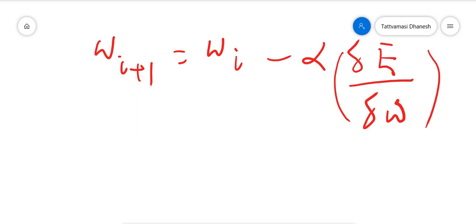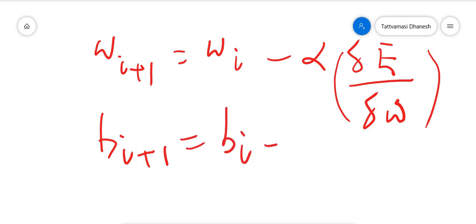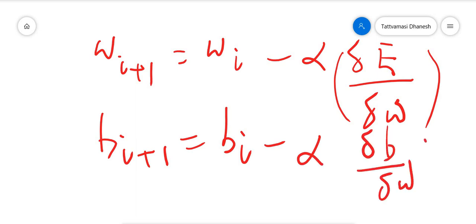It denotes error. The same thing we need to do for bias as well, because the cost function depends on both of these. So the new value for bias is equal to the old value of bias minus alpha into dou E by dou B. In this video I will be concentrating on the weight, so how we will update the weight.